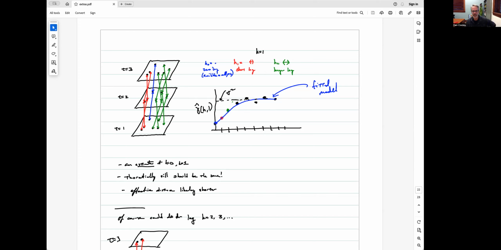We might see what we would before think of as a nugget effect, but there's going to be some difference between Z at this time and Z at that time. So when I take the difference, square it, add it up, I'm expecting to get something probably non-zero here.